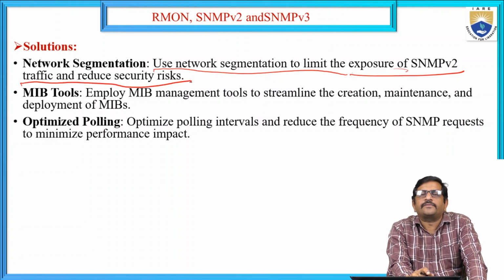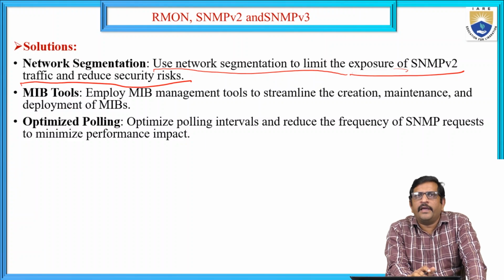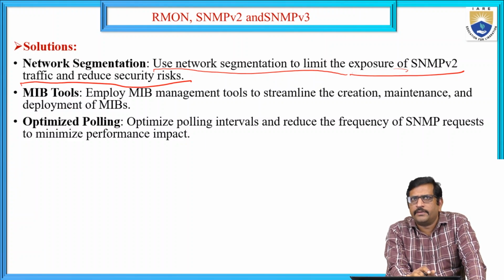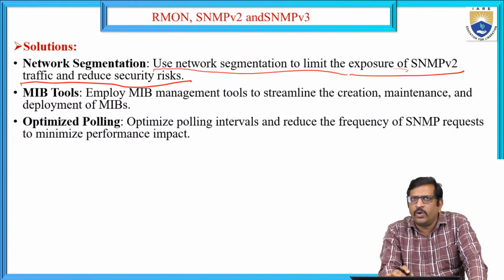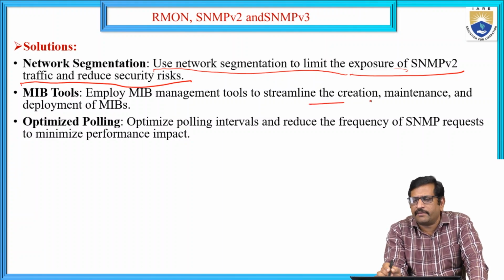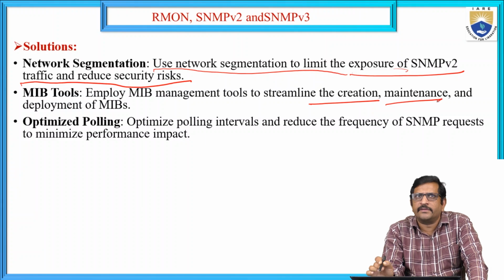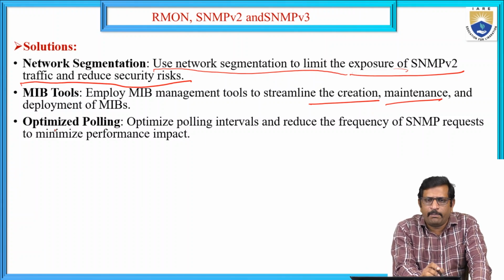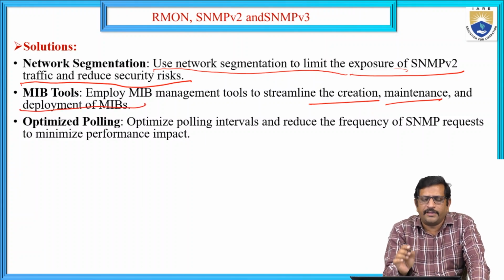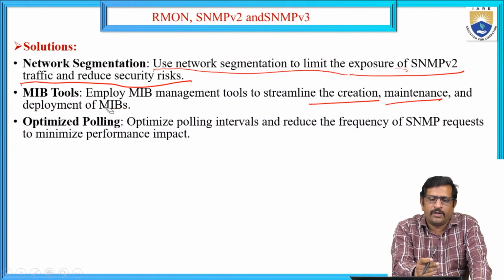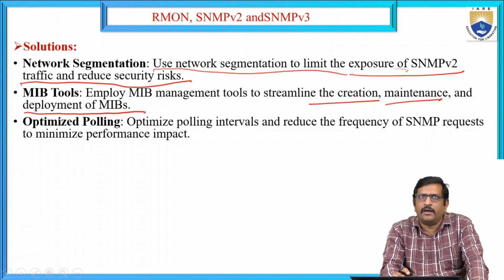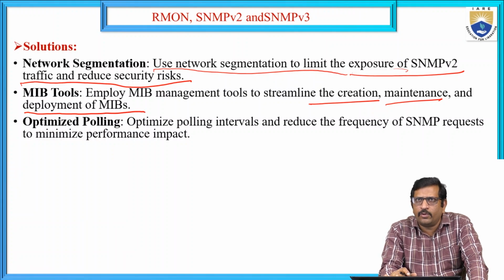Then MIB database tools manage and streamline the creation, maintenance and deployment of the database. That's why we utilize MIB tools. So MIB tool implementation is one of the solutions.